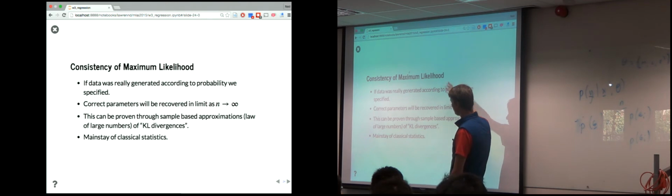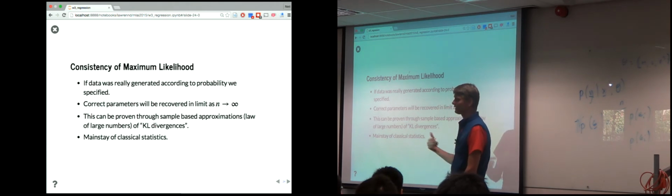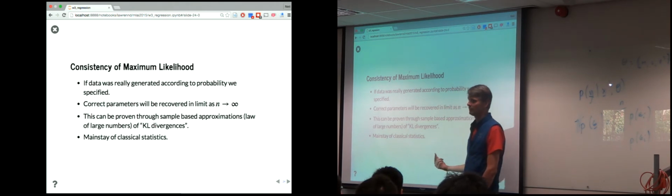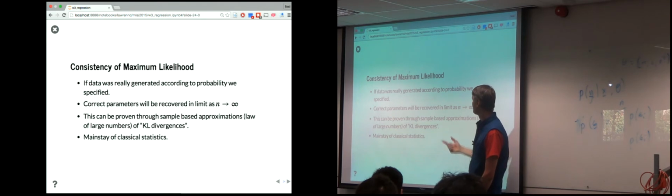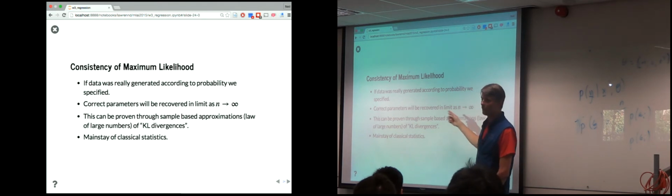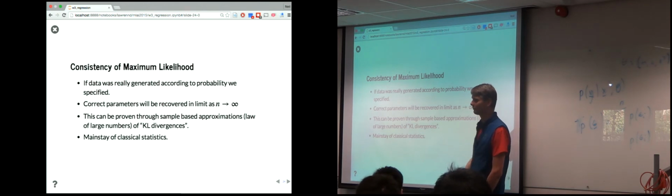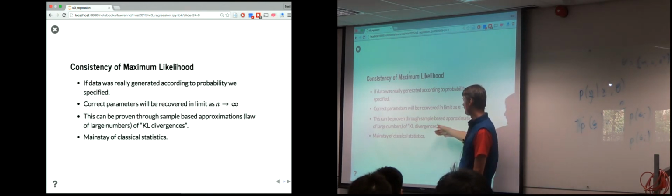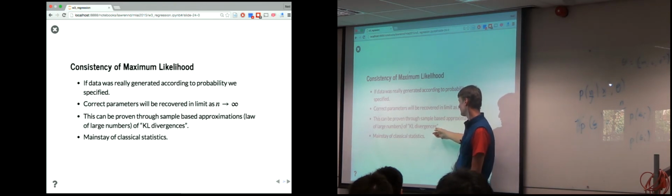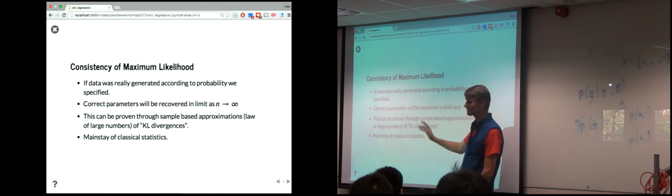We're not going to go into too much of the details of it, but what it says is that if the data was generated according to the probability we specified, the correct parameters will be discovered in the limit as the number of data goes to infinity. This is proven through a sample-based approximation, the law of large numbers, to the KL divergence between two distributions.